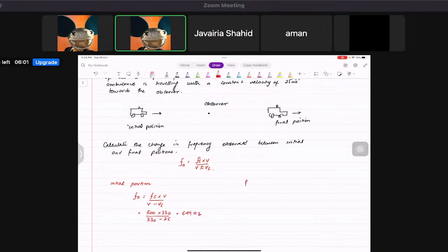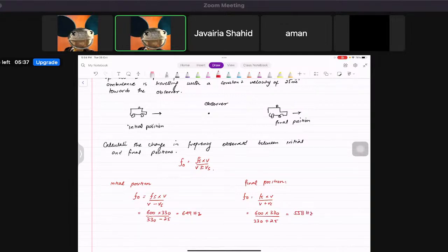And the final position, you have Fs times V over V plus Vs. So then 600 times 330 divided by 330 plus 25, and that would be 558 Hertz.